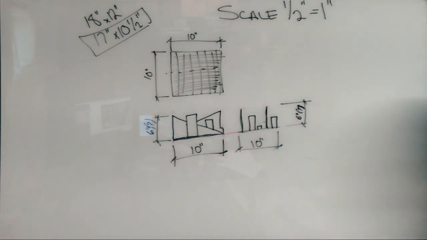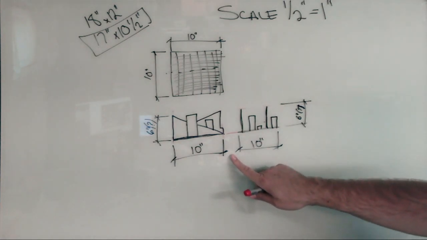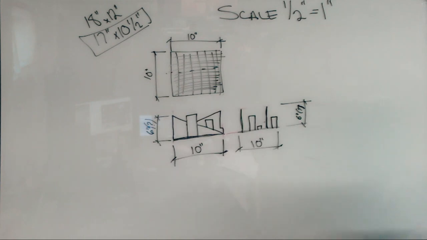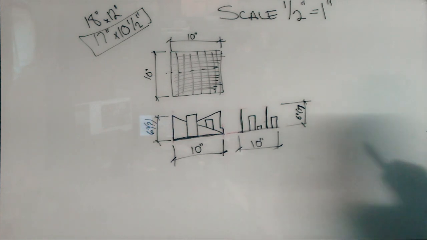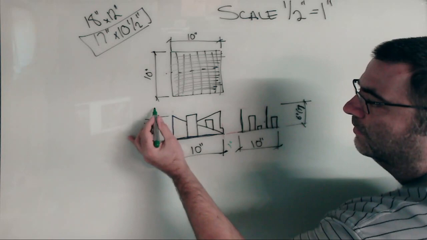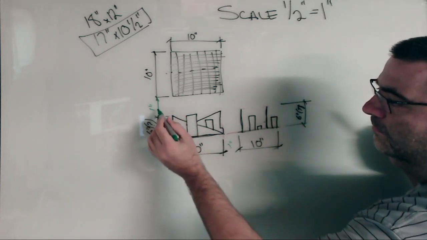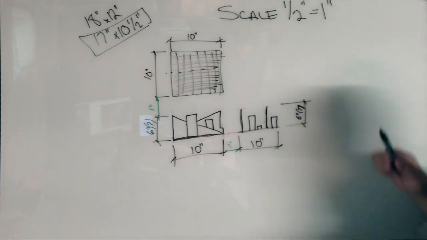Okay? Now, I've got an issue. In the past, we've held this to a 1-inch gap, and we've held this to a 1-inch gap. So what I want to do is, I'm just going to real quickly use green for the 1 inch, and I'm just going to write 1 inch, and I'm going to write 1 inch. Okay?